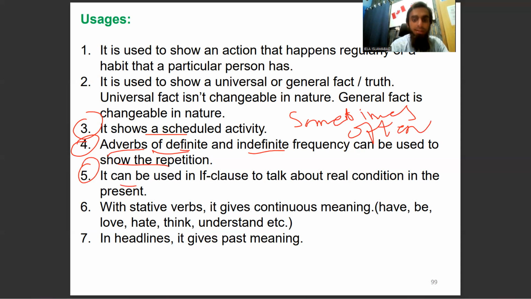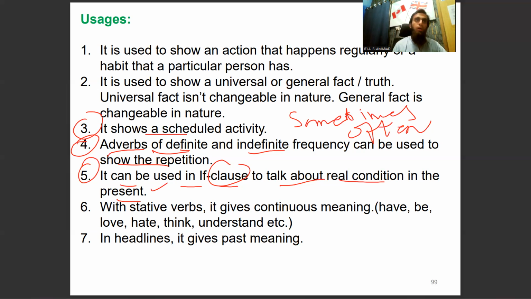Yes. Good. It can be used in if clause to talk about real condition in the present. When we understand clauses, if clauses have four kinds of conditionals. In that, number one is a real condition, and there we also use present simple tense if that is 100% true. For example, if it rains, the land gets wet.